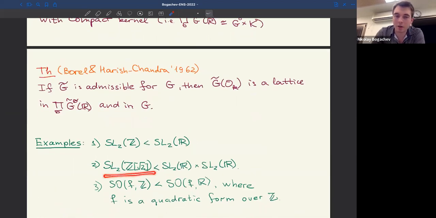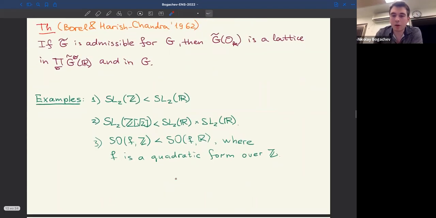So actually, we can observe that SL2 of Z over root 2 is dense. It is dense in SL2R itself, but it can be discretely and very good embedded in the product. So this will be a lattice here, and there is also another general set of examples coming from quadratic forms.